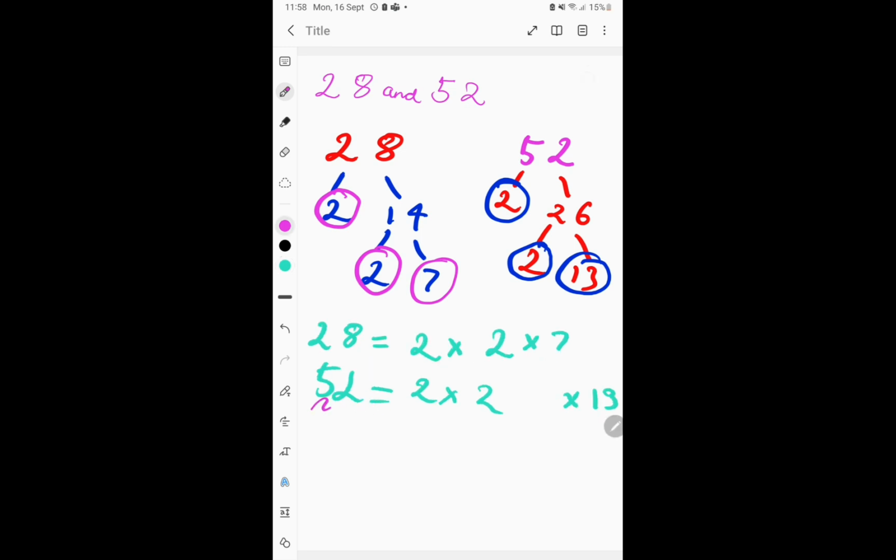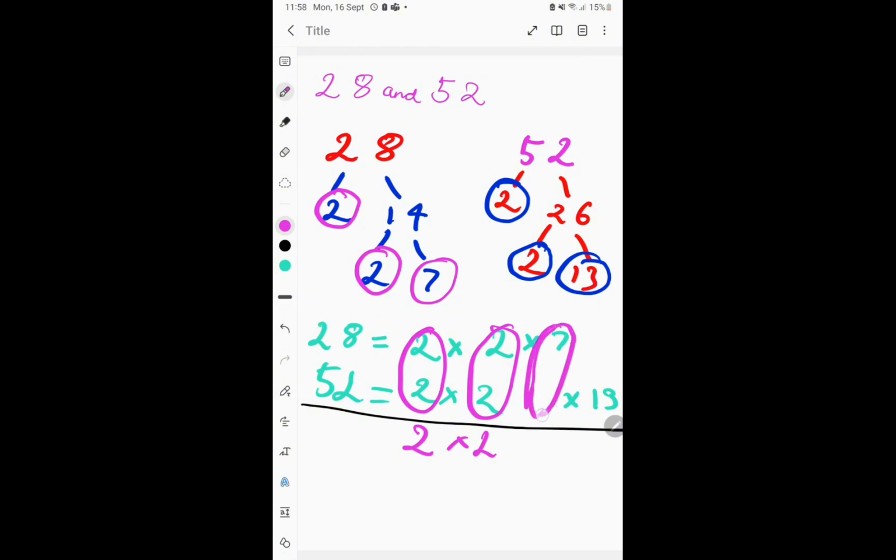So we have a column of 2's here, so let's bring down a 2 to represent that column, times another column of 2's, so let's bring another 2 down, times 7, times 13. So we have 2 times 2 times 7 times 13 to get our least common multiple.